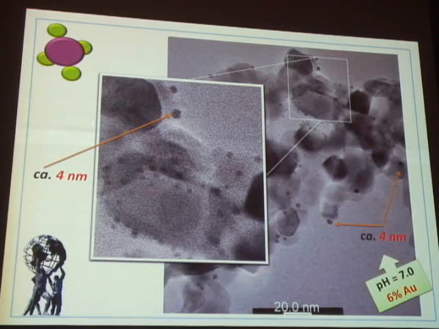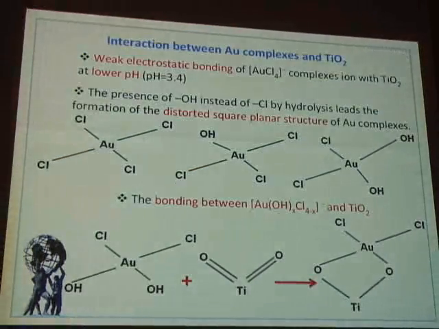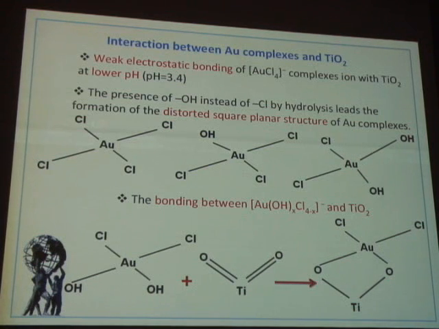The difference in the results was caused by the difference in interaction between gold complexes and titanium. At lower pH, gold mainly exists in gold-chloro complexes, and they have weak electrostatic bonding with titanium. But when we increase the pH, some of the chloro is replaced by hydroxo, and the square planar structure is distorted.